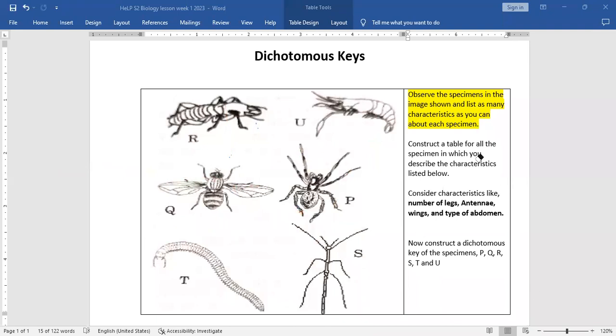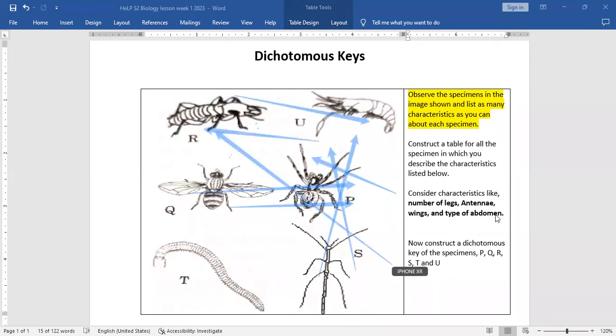Okay, now let us go to the next. We are going to construct a table in which we look at these characteristics: number of legs, antennae, wings, and we could use type of abdomen. These are the characteristics that I have chosen that will be used in constructing our dichotomous key.